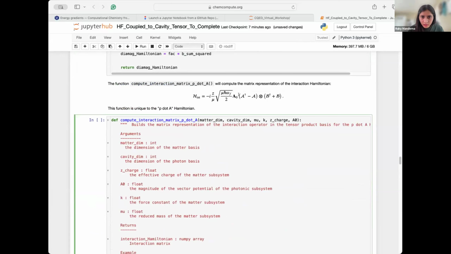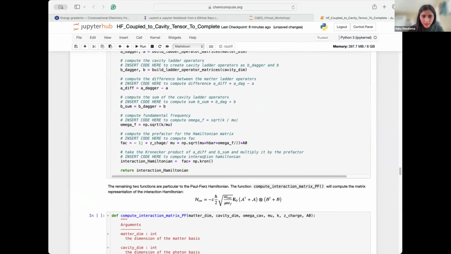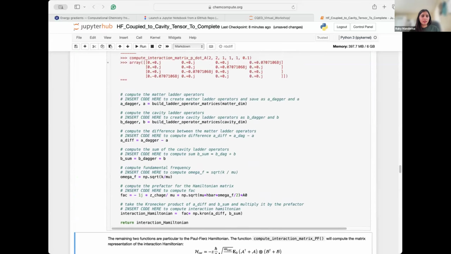So basically the subtraction of A dagger and A and the addition of B dagger and B, that we have stored as A underscore diff and B underscore sum. And I think it should run.